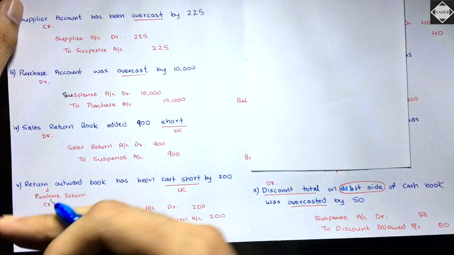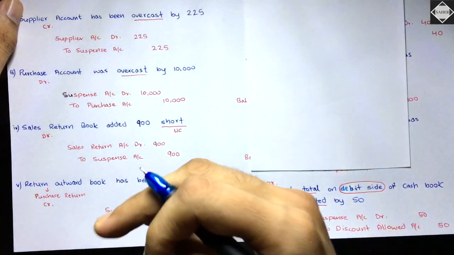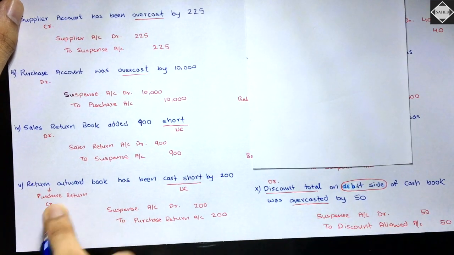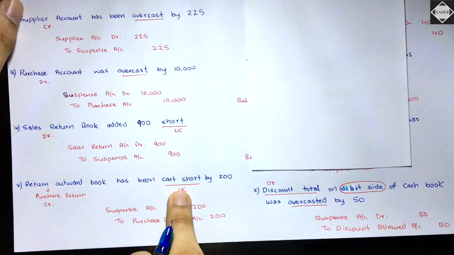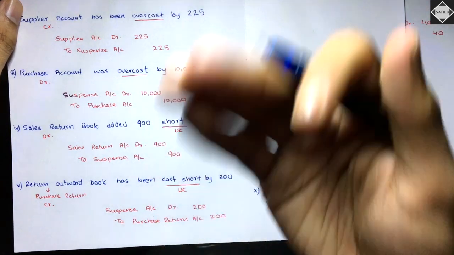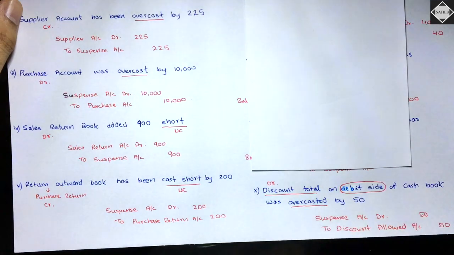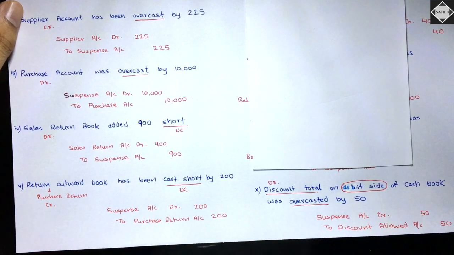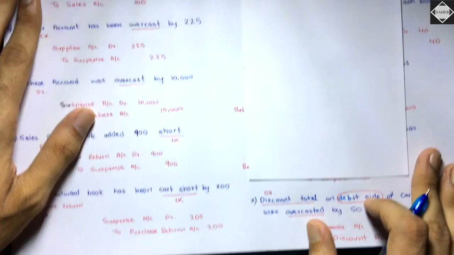Return is going out. Return in means sales return, return out means purchase return. Is that clear? So purchase return has a credit balance, and it has been undercasted by 200. Undercasted means you have to increase. So how will you increase purchase return? It has a credit balance. To increase, you have to credit purchase return account 200. Complete the entry with the suspense account. Clear? Easy? Yes. Now let's move on.